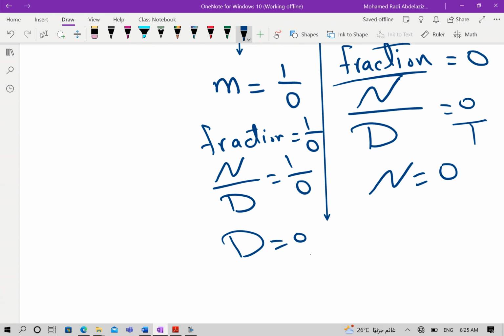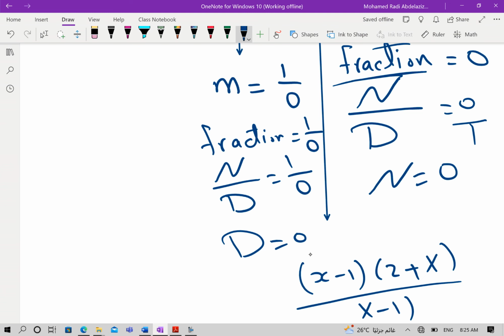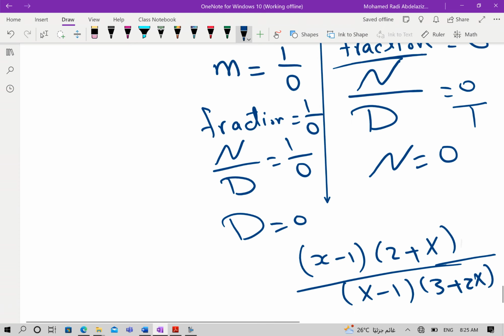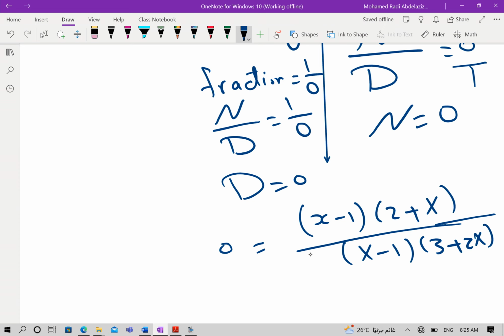If, for example, we have (x minus 1)(2 plus x) divided by (x minus 1)(3 plus 2x), and you equate the numerator to 0, don't say x equals 1 and x equals minus 2. No, there is a common factor, you have to remove it first. Now, if the fraction is equal to 0, use the numerator.